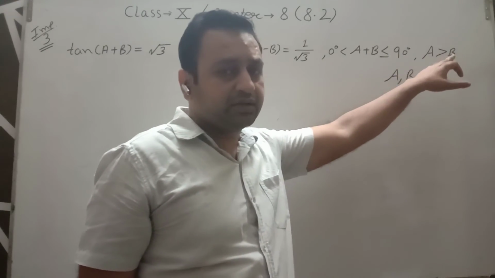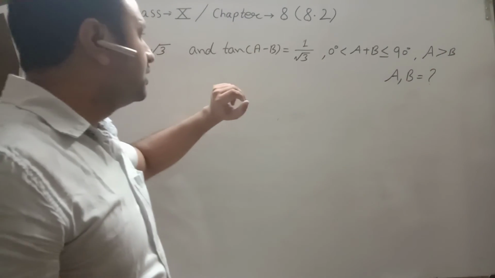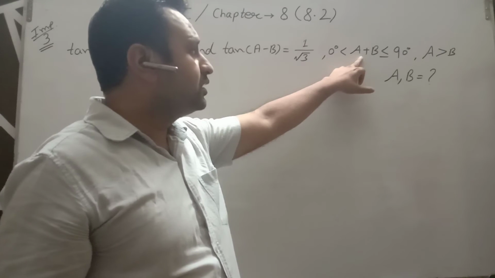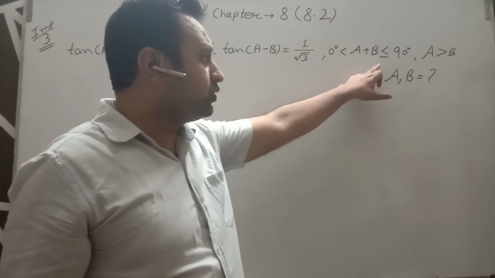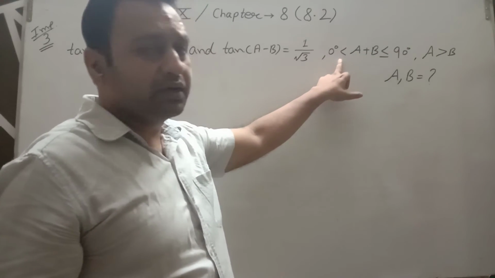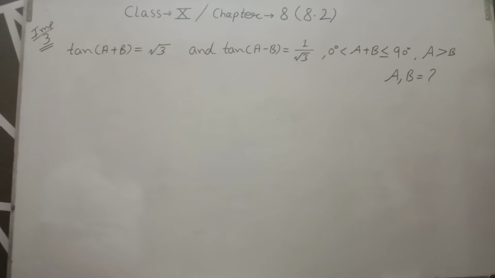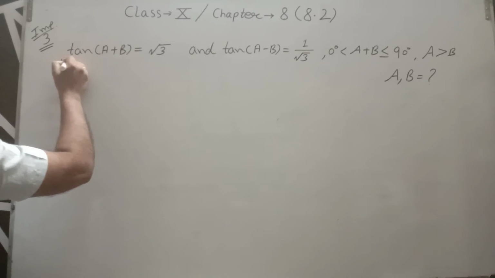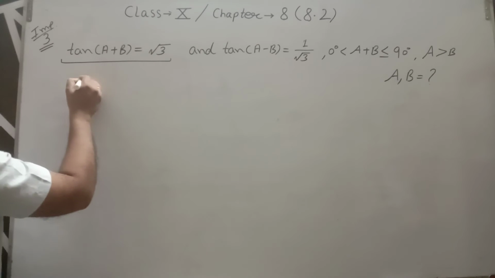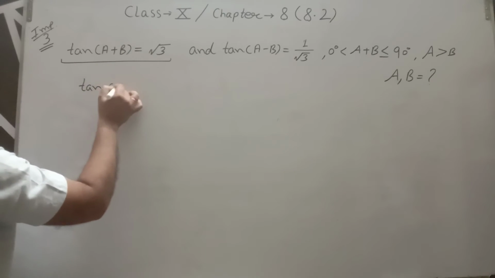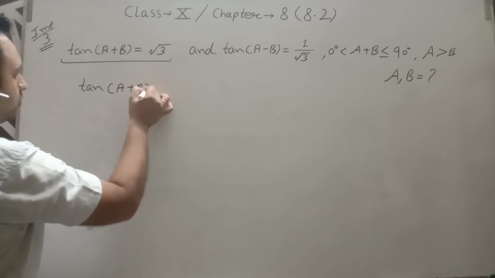Angle a is greater than angle b and their sum is less than or equal to 90 degree but greater than 0 degree. So now we calculate how we can find the values of a and b. Firstly, we consider tan (a plus b) equal to under root 3.